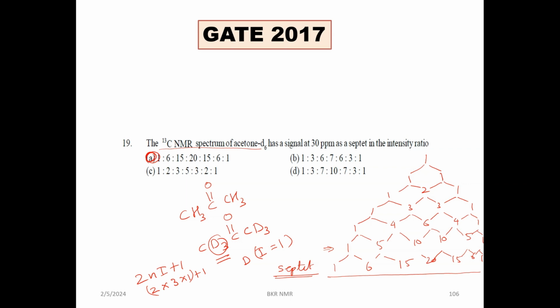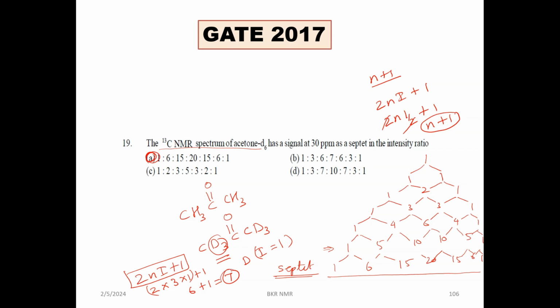So you'll be having 6 plus 1, which is equal to 7. Generally we say the n plus 1 rule, which is nothing but 2nI plus 1. For a proton, the I value is half, so it simplifies to the n plus 1 rule. But since for deuterium I is not equal to half, we have to write this formula and find the answer.